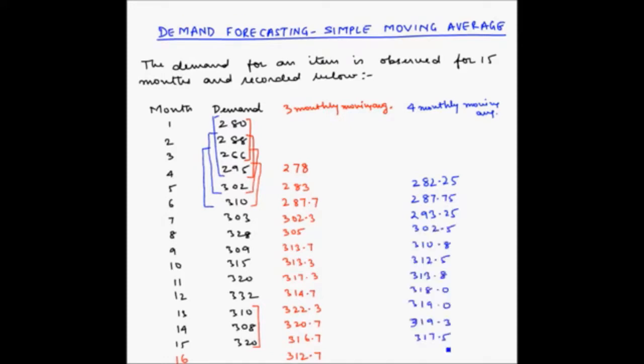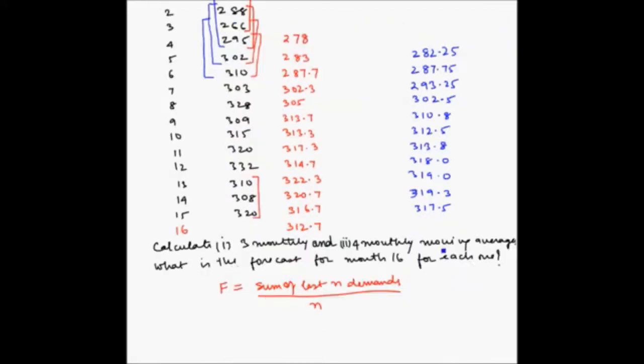Similarly, we can find out the forecast for the remaining months. So let's do that. These are the forecast figures for months 5 through 15. Now let's find out the forecast for the 16th month. We'll have to take the average of the last 4 months. So the average turns out to be 317.5.